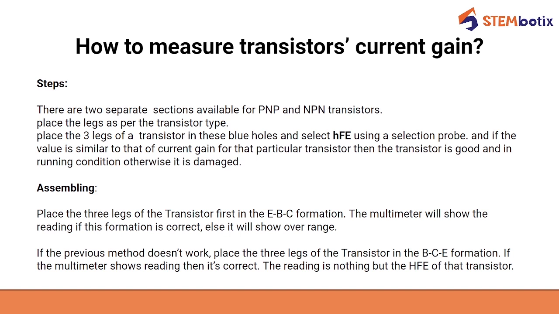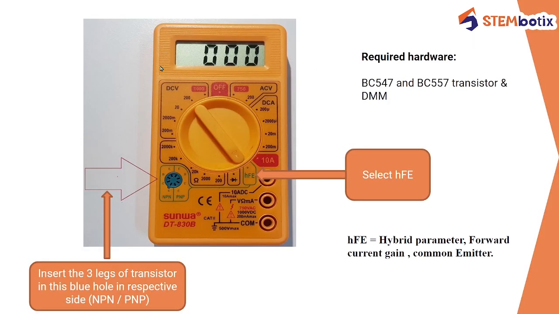So steps: there are two separate sections available for PNP and NPN transistors. Place the legs as per the transistor type. As you can see in the digital multimeter, there is a dedicated area for transistor measurement. If you have a PNP transistor, see, we are using BC547 and BC557 transistors.